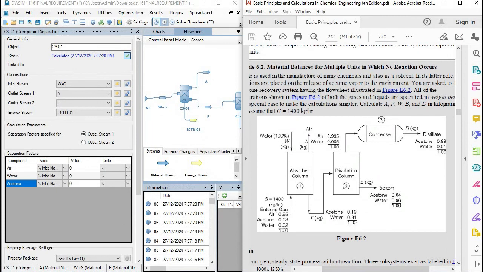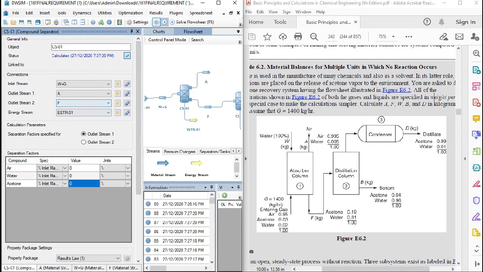We cannot directly assume that the weight percent are the values that we need to put here. For example, outlet stream 1 contains air and water, so we set our acetone's value to 0, and for our air and water, let's say 99.5% and 0.005%.